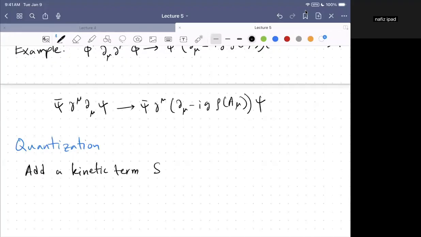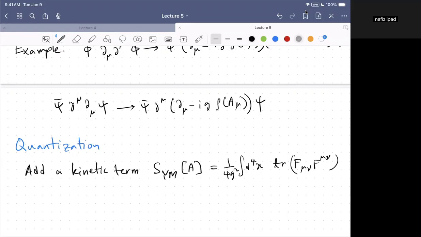Add a kinetic term, which is called the Yang-Mills term, and it looks like this, normalized in some way.